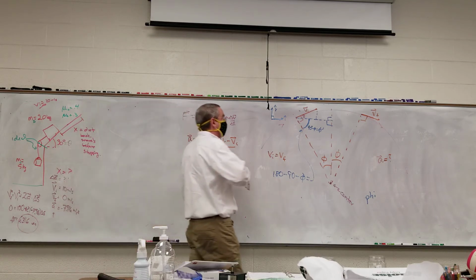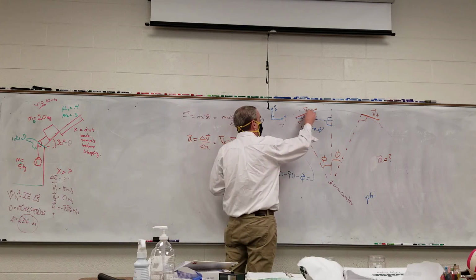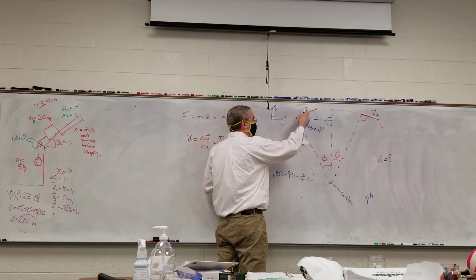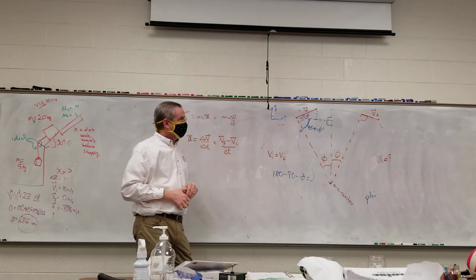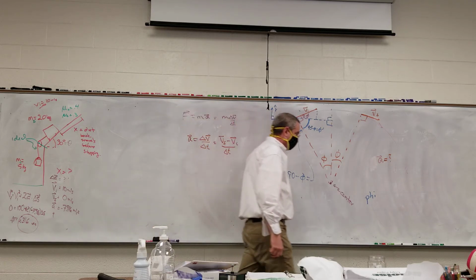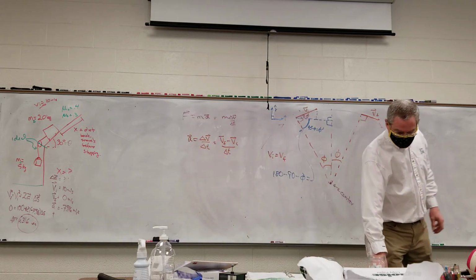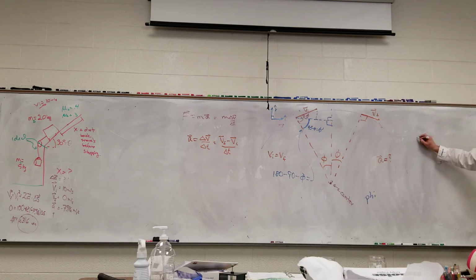It is indeed phi. This angle and that angle are the same. So what I am doing here is I'm breaking my velocity up, which is over to the side here. I have a velocity. This angle here is not theta, it's phi. So what is the horizontal component?